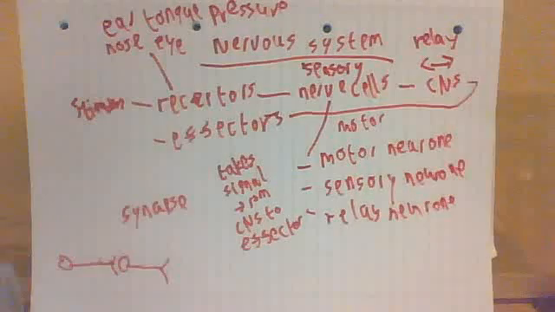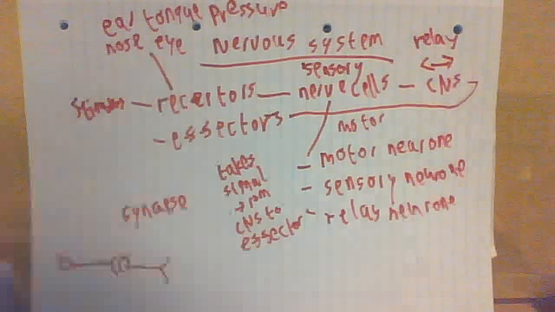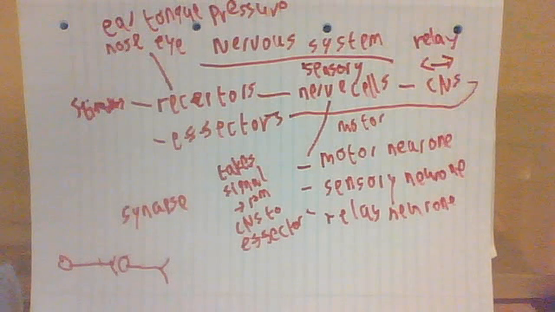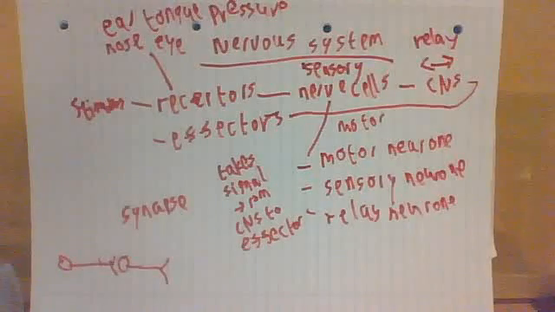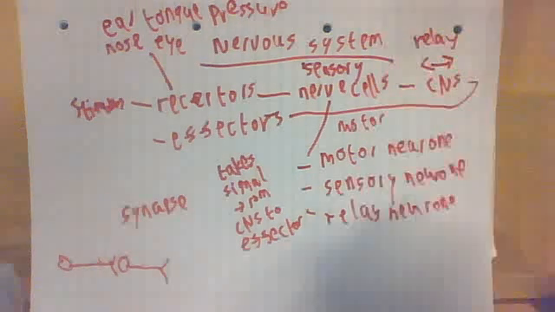All you need to know is that the signal is transmitted across the synapse by chemical messengers. You don't really need to know how an impulse crosses a synapse in much detail as yet. Right, so these are your main three types of neurons.